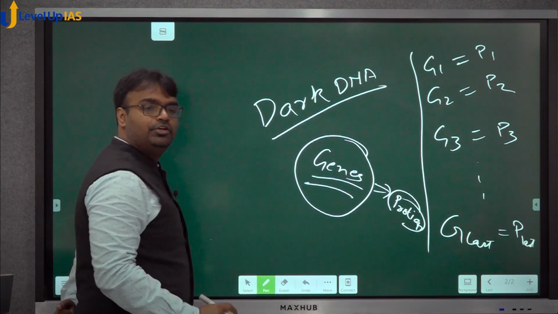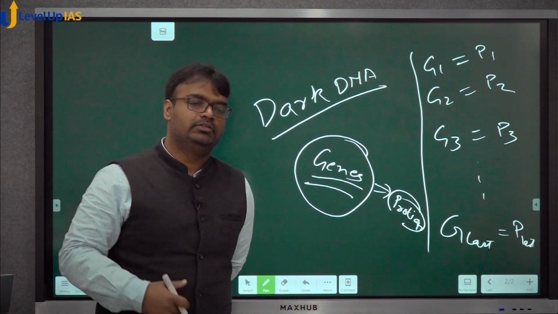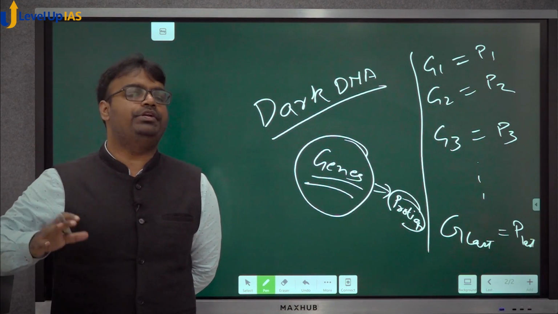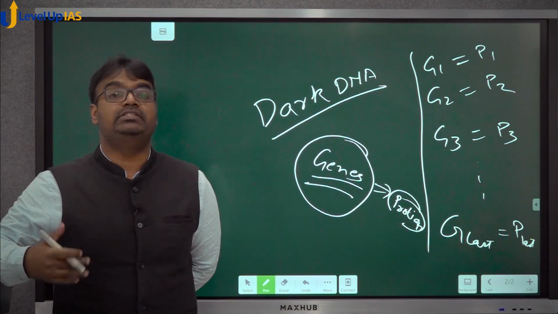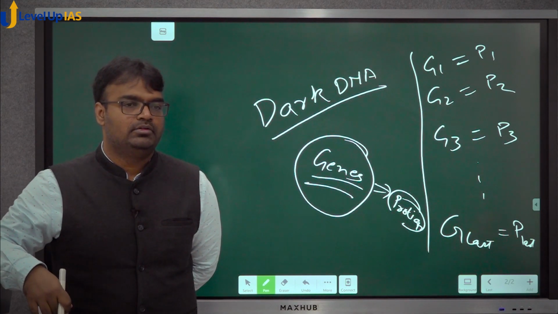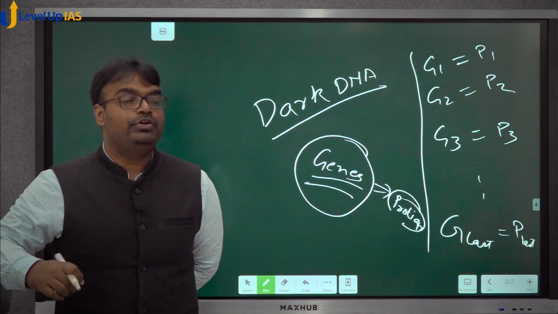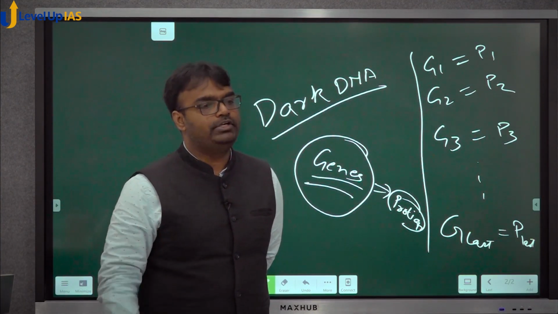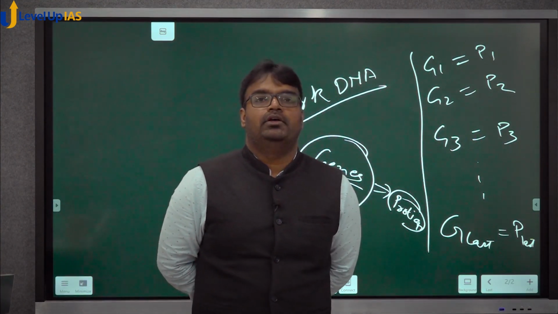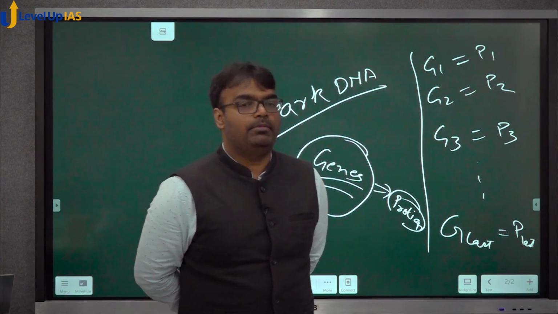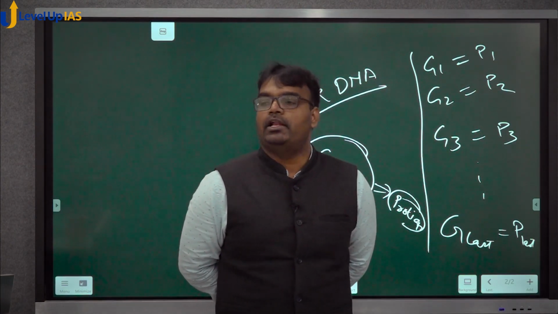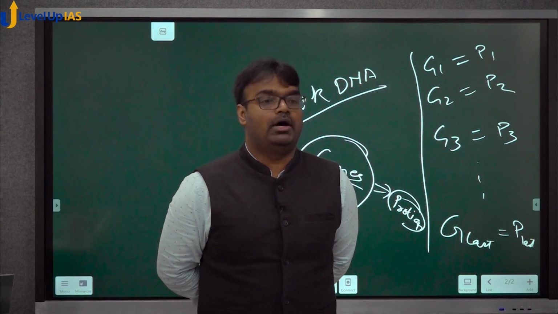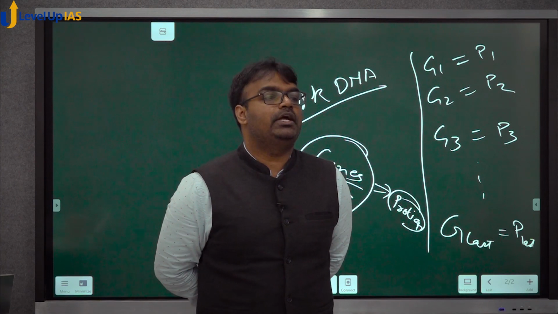Why dark DNA? You know about dark matter? It is said that around 20 to 30% of the matter in the universe is dark matter, which our current way of perceiving things has not been able to identify. Basically, how did scientists come to know about dark matter? They did a calculation. We know mass and all those things. Using that, they did a calculation.